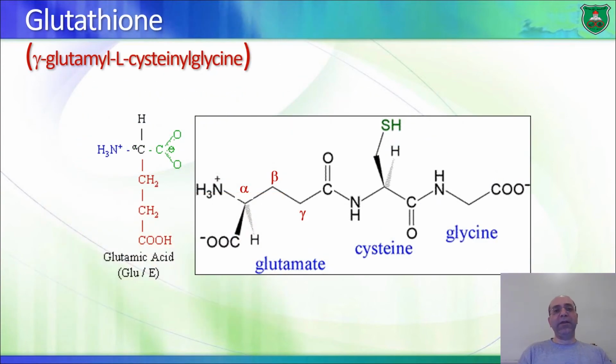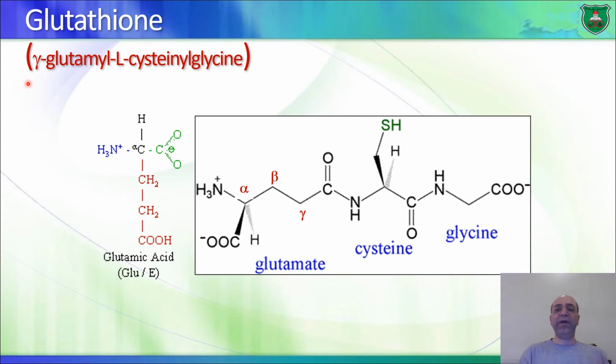Another peptide that is important is a tripeptide known as glutathione. Glutathione is made of 3 amino acids, and these are glutamate, cysteine, and glycine. Notice that the glutamate is also known as the gamma glutamate.